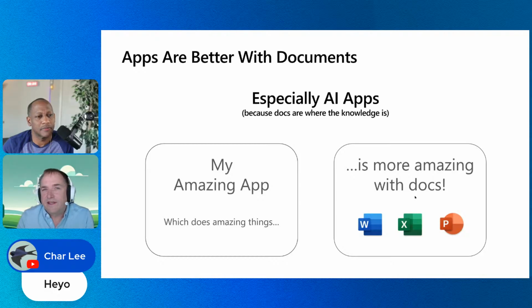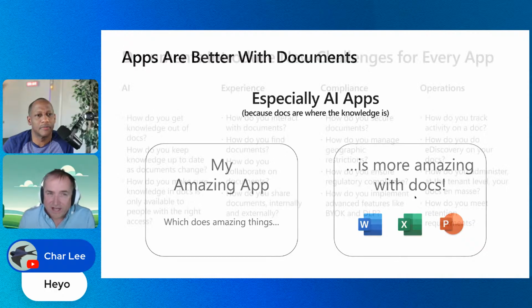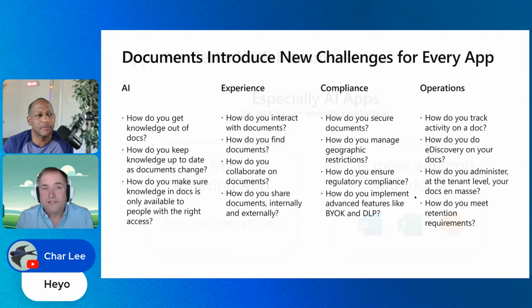And so when you start thinking about how you build a great AI app, documents are, generally speaking, a core part of it. But the challenge is that when you are actually working with documents, they introduce a whole bunch of new questions for you. So if you're a developer and you're thinking, okay, I'm going to add these documents into whatever app I'm developing, you have to figure out all of these questions, right? And so the big ones are, things like, how do you interact with documents?